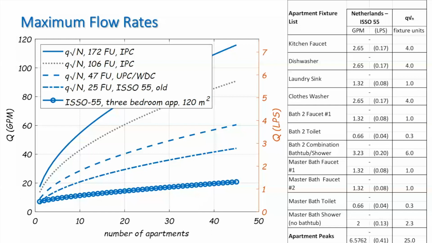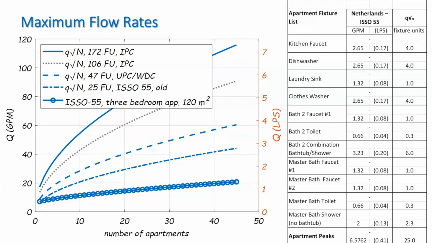So here is a bit more specific for this apartment building. I got some figures here. On the right is a table. So in gallons per minute and liters per second, the flow rates per fixture, and also how we would calculate that into fixture units.